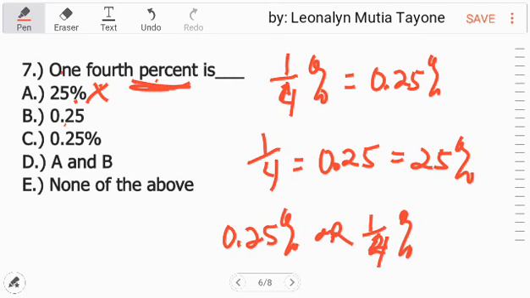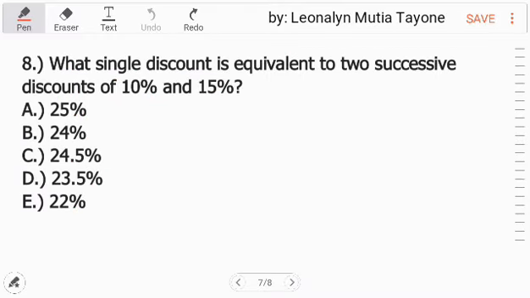Letter C is the answer here: 1/4%, 0.25%. So letter C. Letter D, A and B are both wrong. They are equal, but that is not the question. The question is 1/4%.